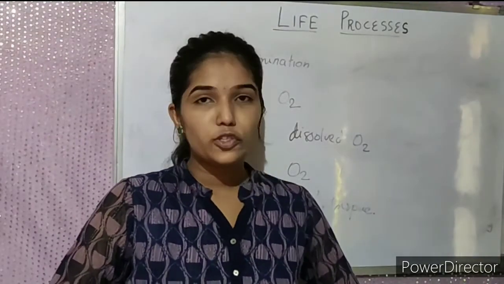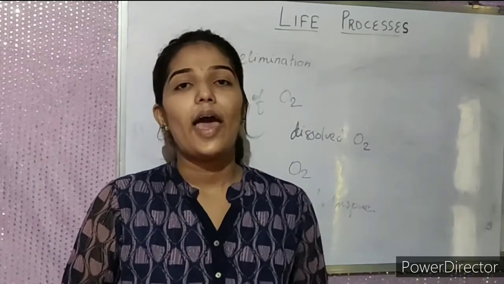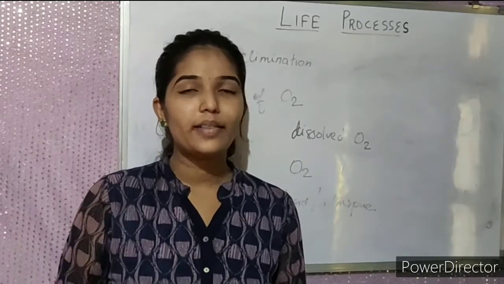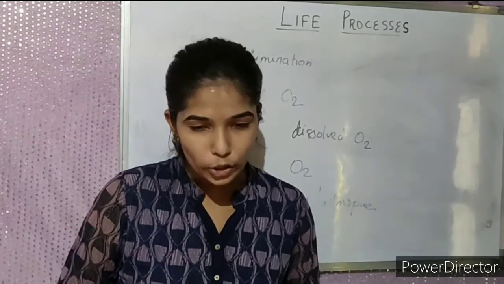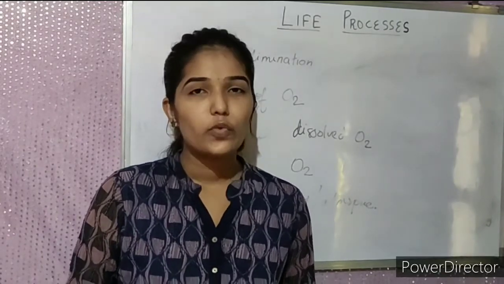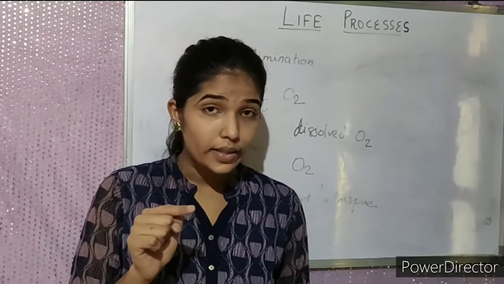Now, how does the fish take up the oxygen? Fish takes water in through the mouth, passes it to the gills, and from there the oxygen is taken up by the blood. In human beings, the air is taken up by the nostrils, where it is filtered through fine hairs, and that lining also has mucus present on it.